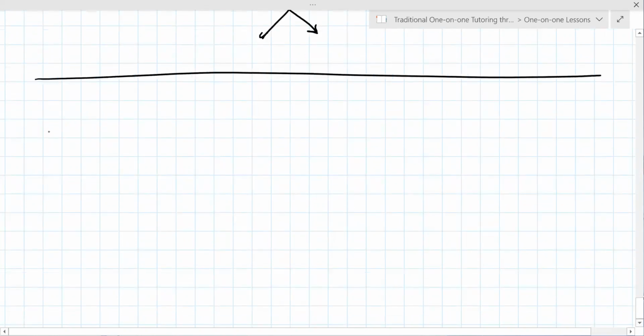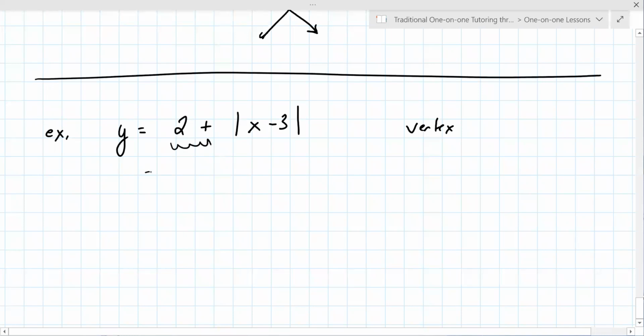Now I could do this. This is not meant to be deceptive, but I could definitely do this. I could say 2 plus absolute value of x minus 3, and I could ask you what the vertex is. Before you answer, you should say, oh, this is really absolute value of x minus 3, plus 2.